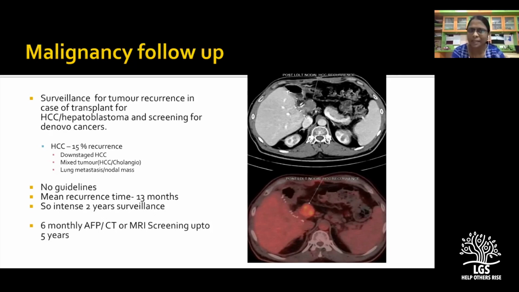There are no set guidelines. The mean recurrence time is 13 months, so intense 2-year surveillance has to be done, and it has to be continued up to 5 years. Usually we do it 6 monthly, with AFP as well as contrast-enhanced triple-phase CT with the late arterial phase, and with MRI screening, especially with diffusion-weighted imaging.